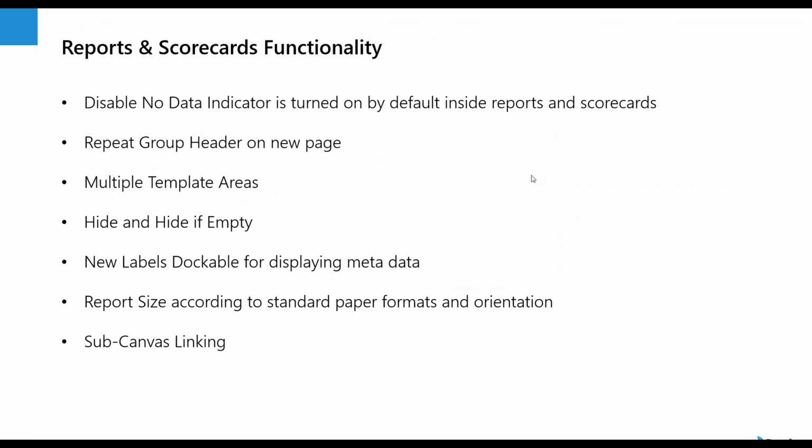Hide and hide if empty. Previously to V4, basically if a template area didn't have any controls in it, we wouldn't render it. But there are some situations where you might want to just have a template area act as a spacer in between while it's being rendered.